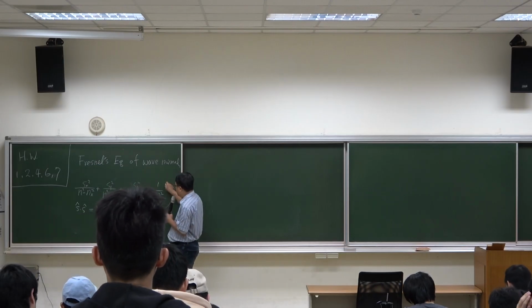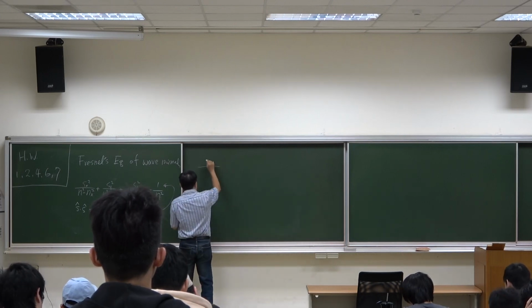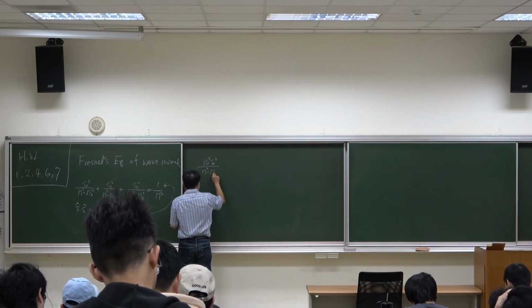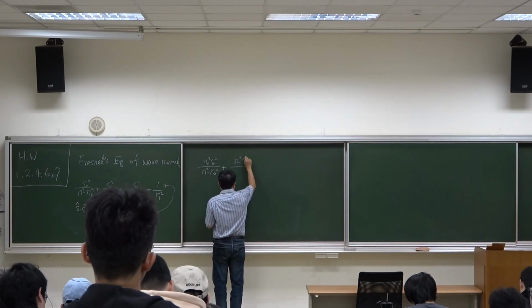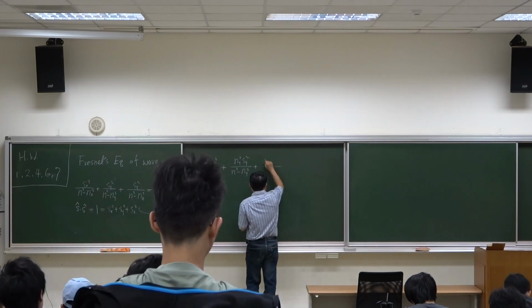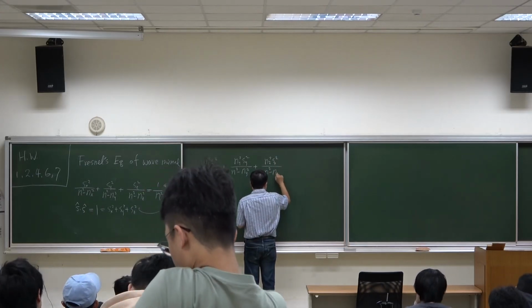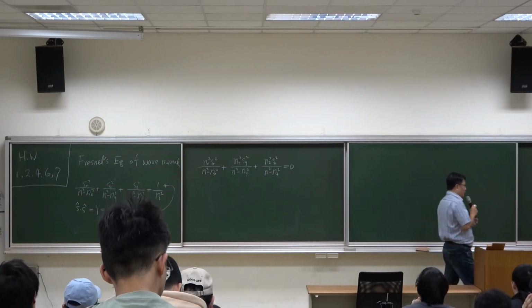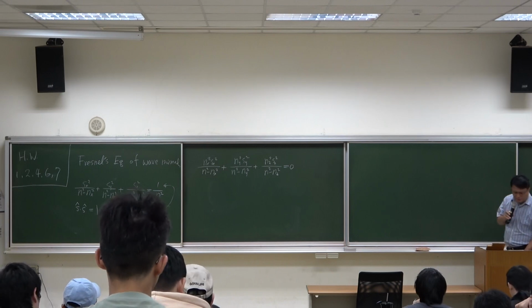Then I substitute this here. We get this result. So Snell's equation of wave normal can be rewritten as this form.